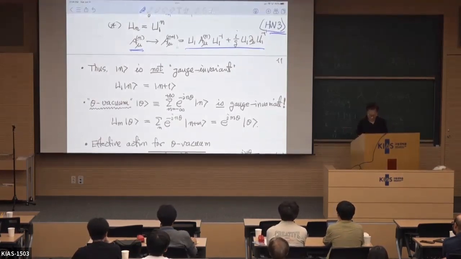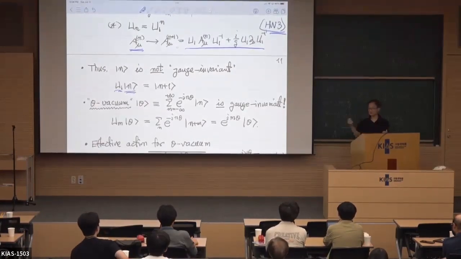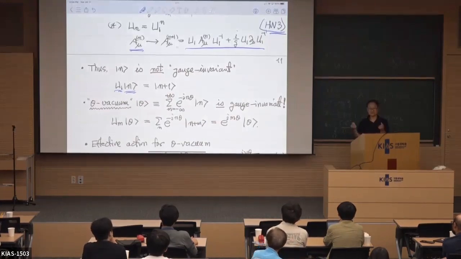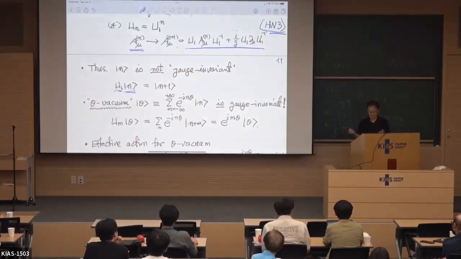But if you take n as your proper vacuum and then take a U_1 gauge transformation, the winding number changes. So one vacuum state goes to another vacuum state by gauge transformation, which means that it's not invariant under gauge transformation. So SU(3), the vacuum doesn't respect SU(3) gauge transformation.